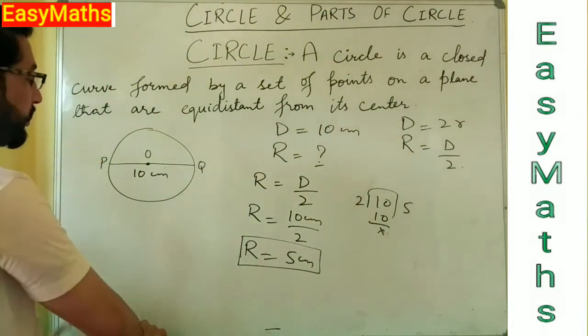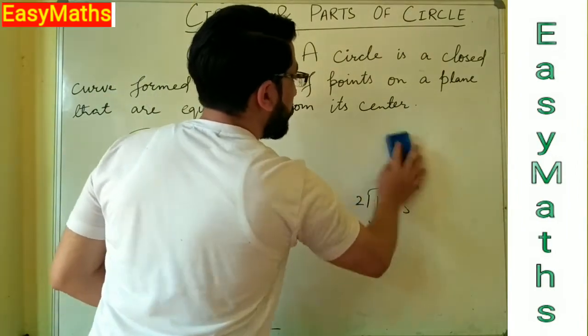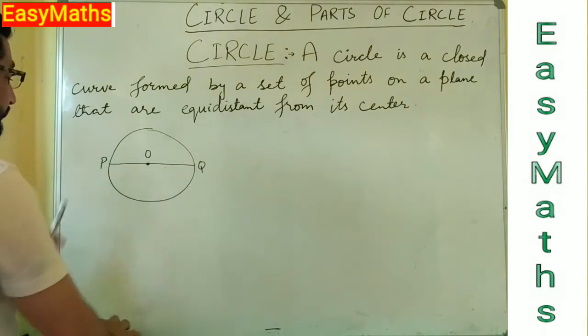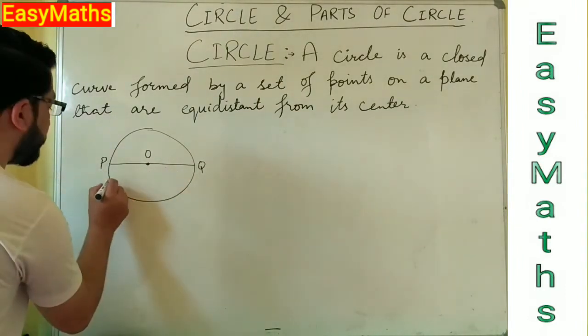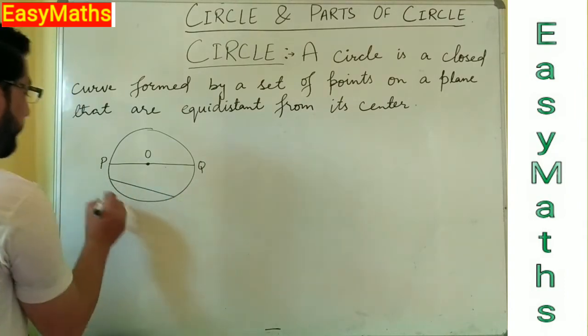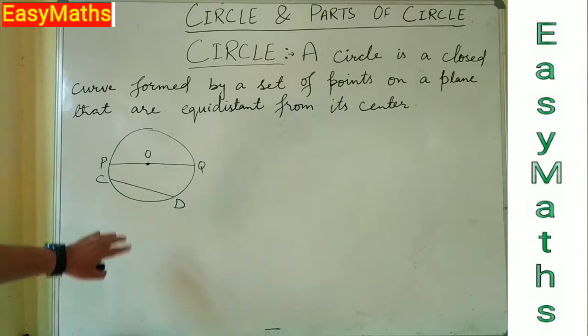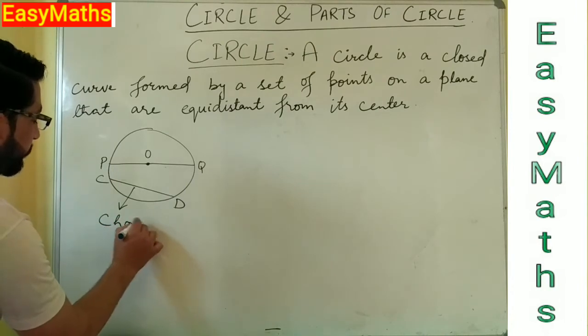Now students, moving forward, there is one more line which touches the circle at two different points. Suppose this was the diameter PQ, and I draw one more line that touches the circle at two different points. Suppose I name it CD. The line that touches the circle at two different points is called a chord.